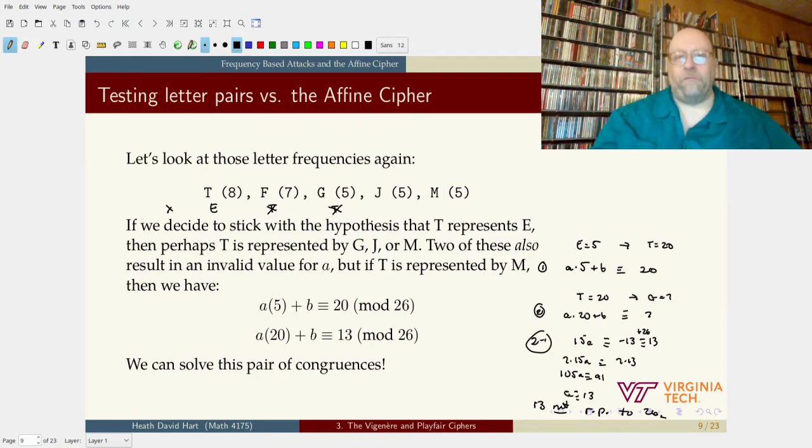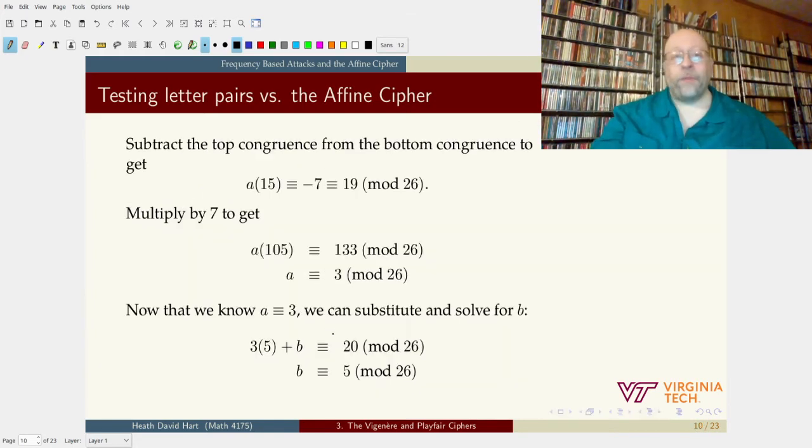And in fact, if we try T goes here, that doesn't work either. But if T goes here, we can solve this pair of congruences. And we get a value for A that is relatively prime to 26.